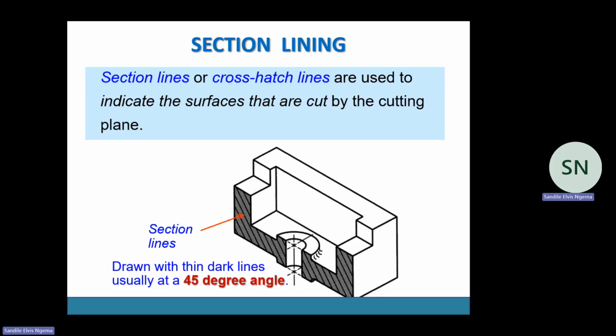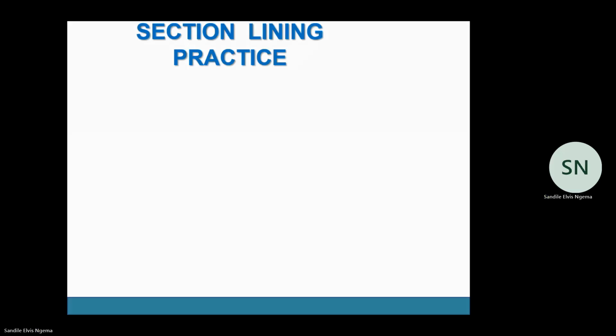So these lines are always drawn at an angle of 45 degrees. Remember, you've got your set square, your 60 by 30 degrees, and your 45 by 45 degrees. So whenever you are drawing your sectional lines, you draw them at 45 degrees. Right.